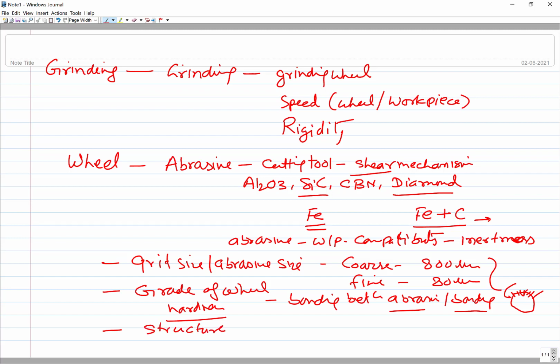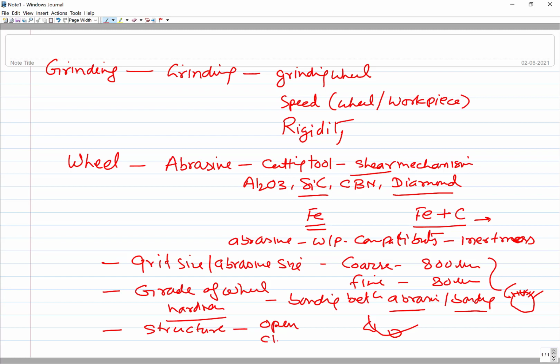So how all these are related with the wheel. Structure means how closely the abrasive particles are placed or arranged in a wheel. These can be open, means the abrasive particles in a wheel are widely spaced like this, with a large gap.